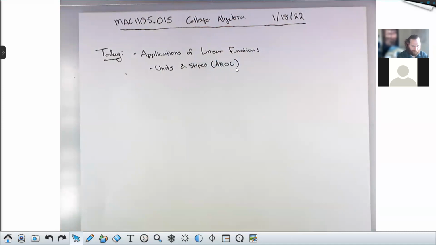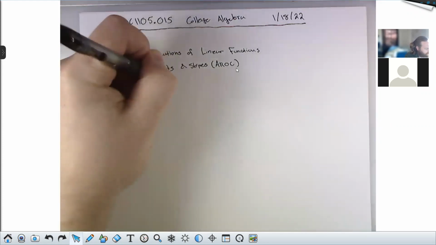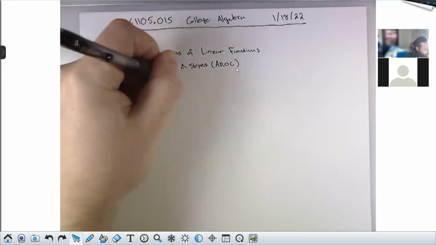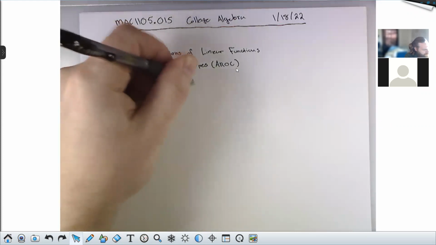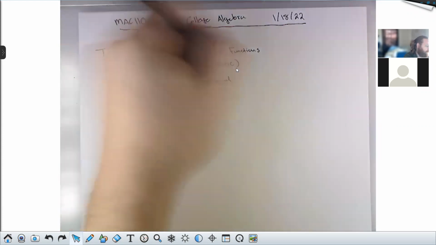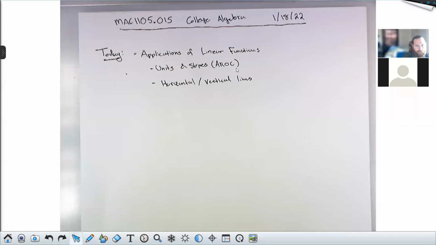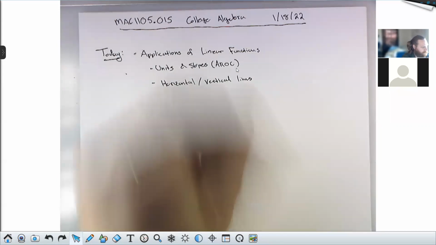Other things we're going to talk about a little bit more today. We talked about points, so I'm just looking at my notes here. I want to emphasize a little bit about horizontal and vertical lines, because these kind of live outside the normal way of thinking, at least vertical lines do.